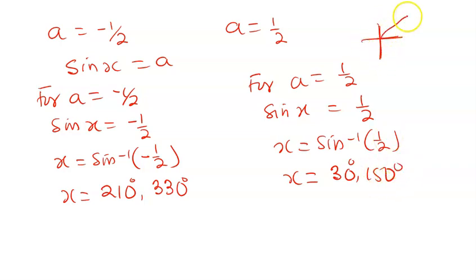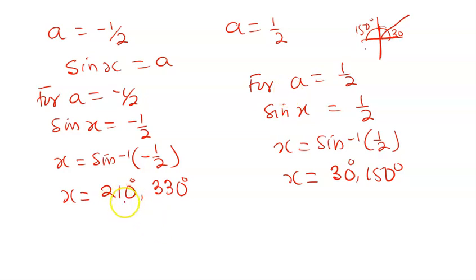We start with a common acute angle, 30. Now when you go round, when you subtract it from 180, this becomes 150 degrees. So sine 30 degrees is the same as sine 150.